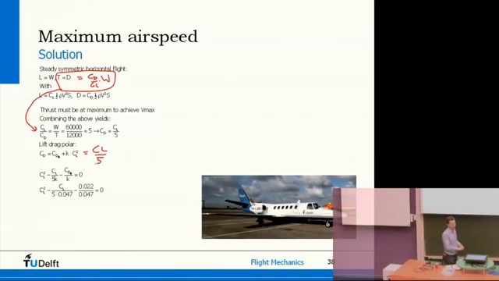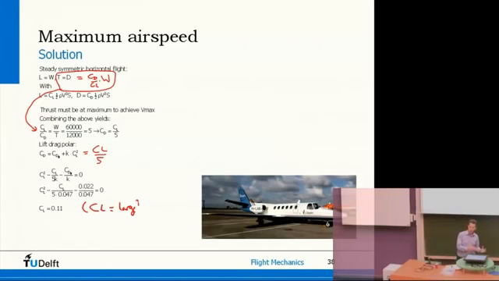Now if you fill in all the numbers, you just get x squared plus bx plus c is equal to 0. You have the numbers here. And then you find CL is 0.11, and probably if you type it in your calculator, you will also find some large value of CL. But of course, the low value of CL is the realistic solution.